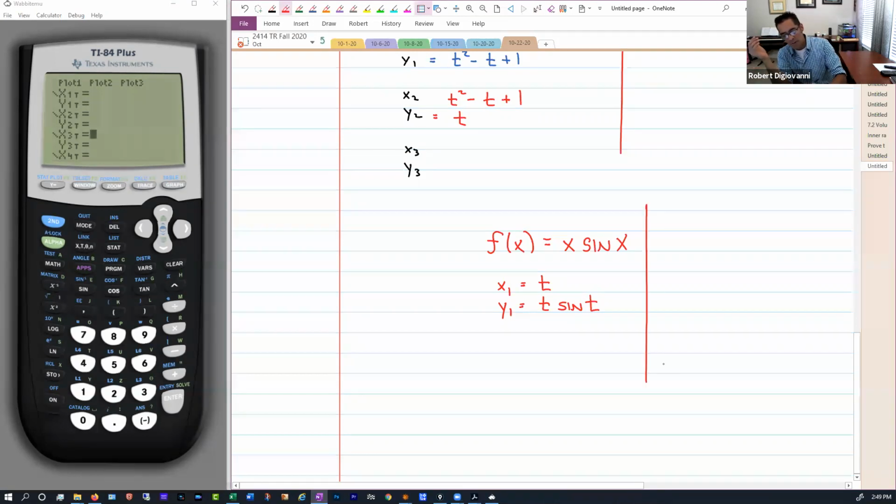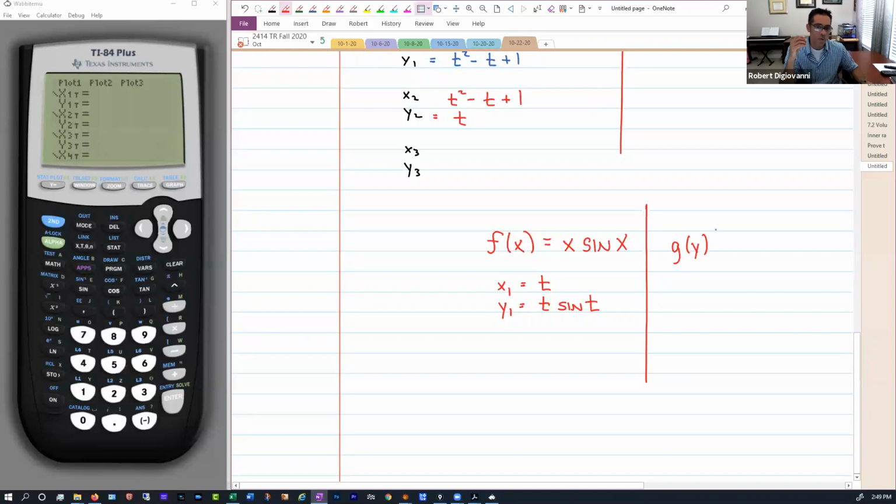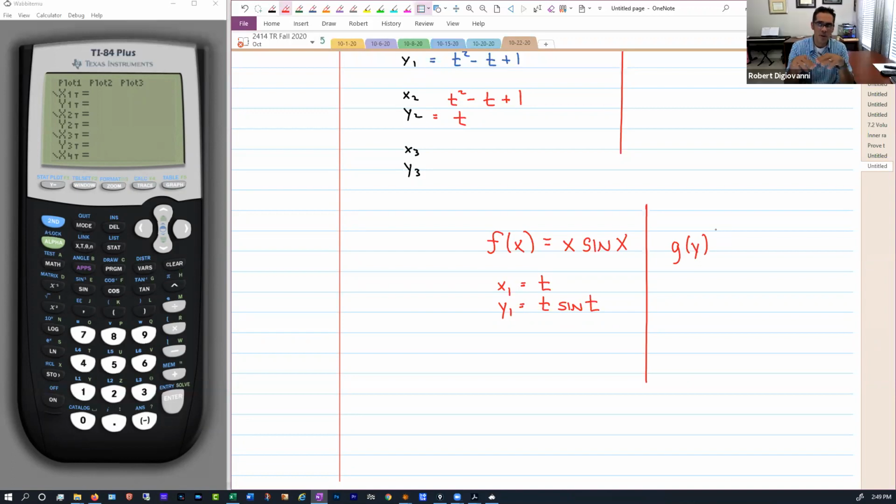Now, if you want to do a function of y, what does t stand for here? t is what we call a parameter. Normally when you have x and y axes, when you graph something, the input is x and the output is y, right? So you can see the input in the graph. With parametric equations, t is the parameter.